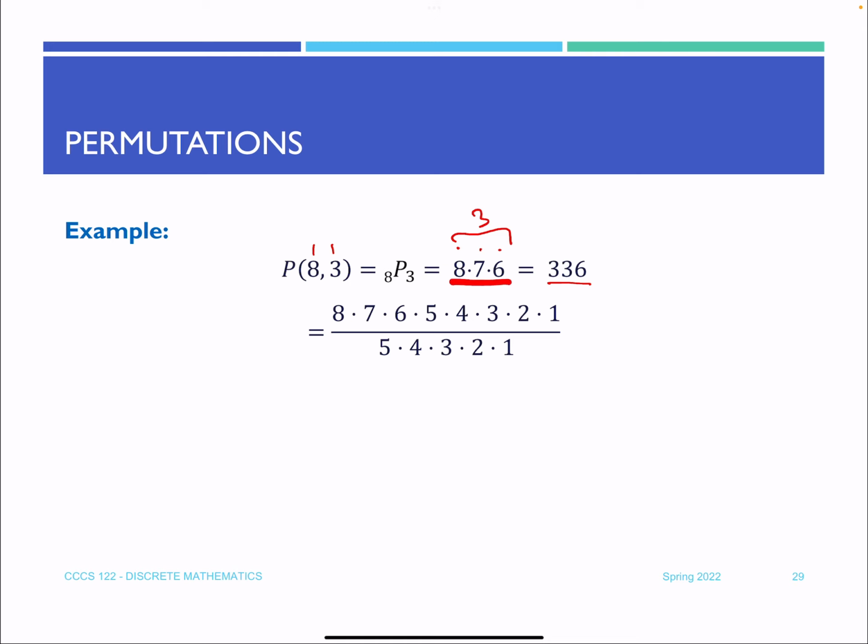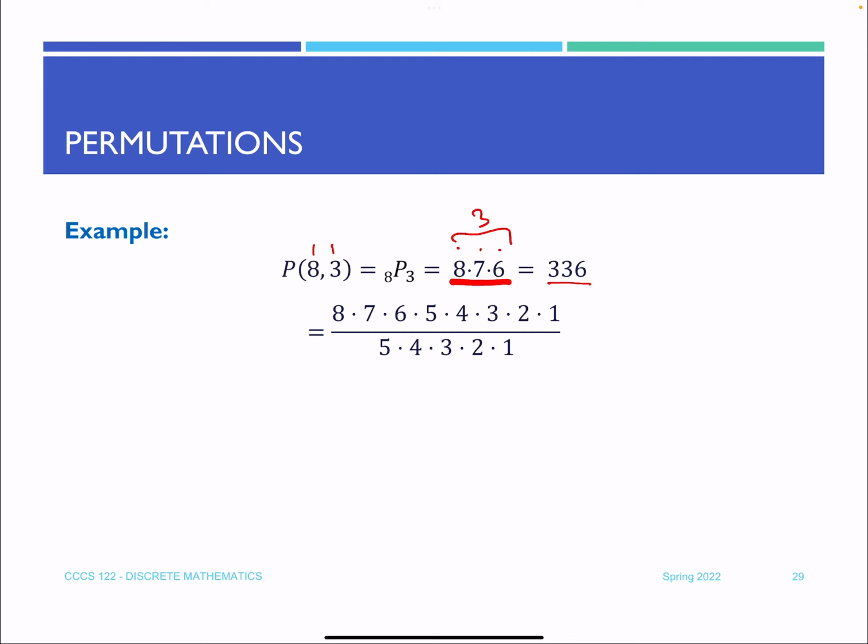Or another way to think about that is, the start of this sequence kind of looks like a factorial function, but not quite. It doesn't go all the way down to 1. So another way to write this is basically 8 times 7 times 6 times 5 times 4 times 3 times 2 times 1 divided by 5 times 4 times 3 times 2 times 1.